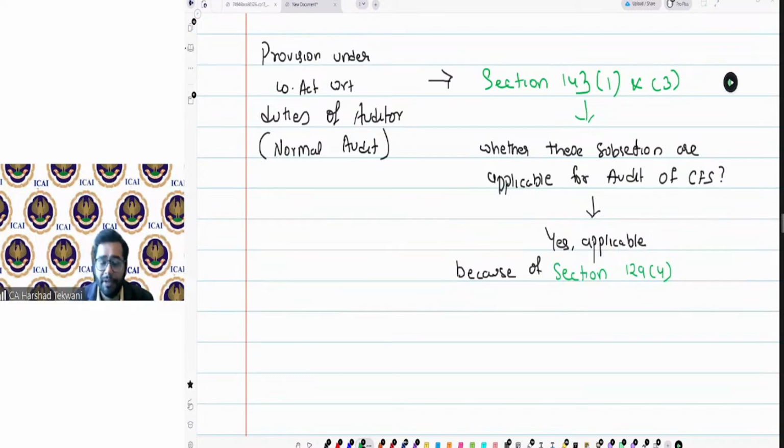So the 143.1 proviso gives power to inspect the books so that the audit can be done, and the duties specified under 143.1 and 143.3 can be completed. And the classic example to understand this, I'll show you one.